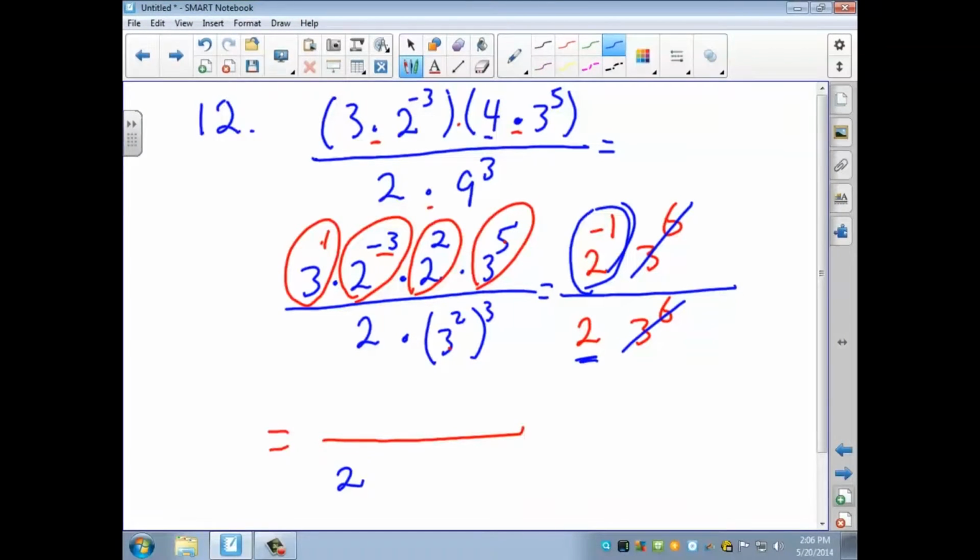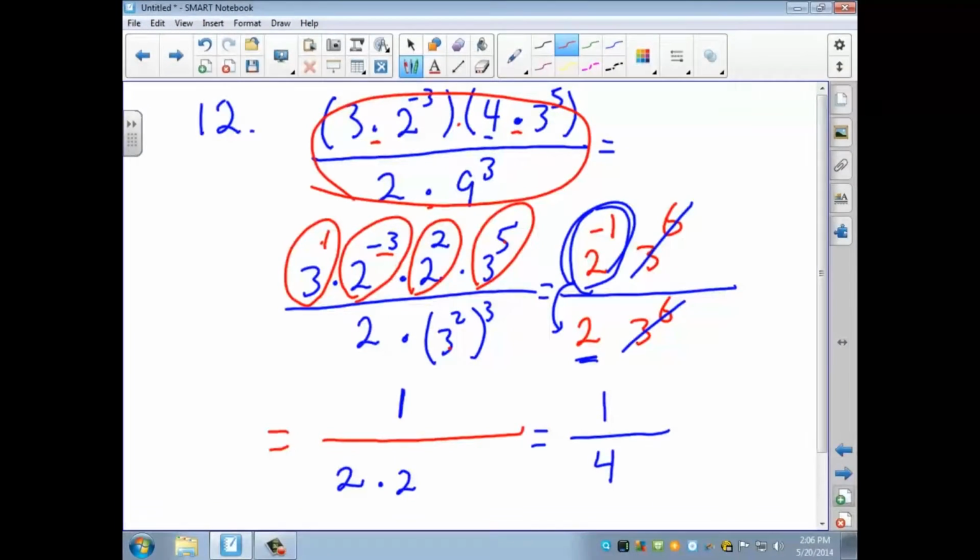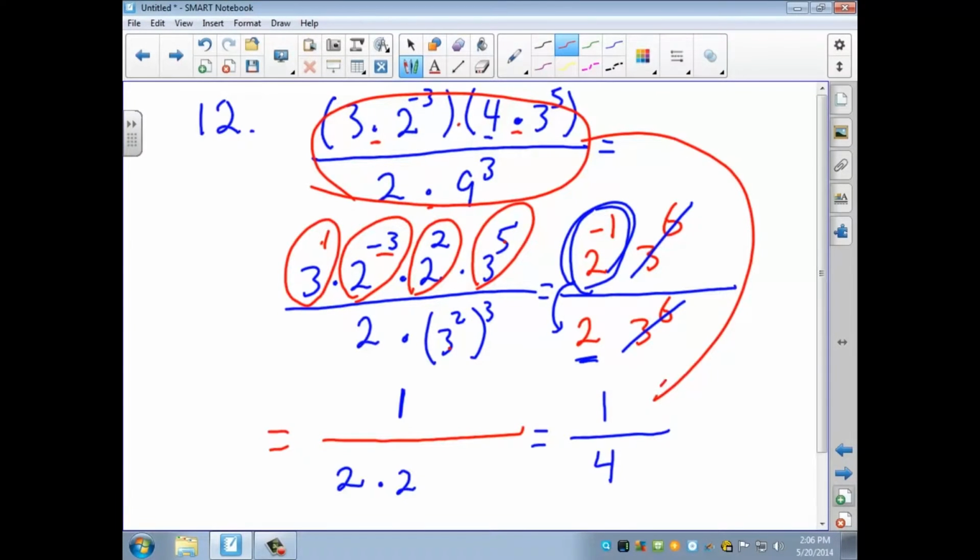Then I'm going to bring this one from up to down to the denominator, and that would also be 2 to the 1. I don't need to write the 1. In the numerator, therefore, I only have 1 left. Therefore, this would be 1 divided by 4. So this whole expression here is actually equal to 1/4.